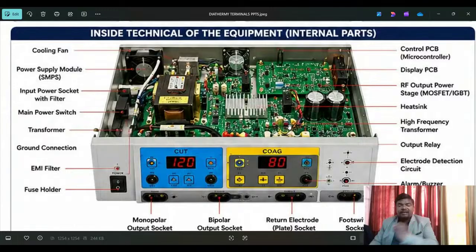Sir, as a biomedical engineer, I got the complaint from your hospital, and I checked the equipment, that is the diathermy, and in that diathermy I checked all parameters of the components and the continuity of the components, and I found the issue: high voltage and fluctuations are coming, sir. So you should resolve it and clear it, sir. Otherwise you will lose the equipment, sir. Today I repaired it, but it is not made to continue the services, sir. So please follow my instructions, sir. Then you will benefit and have many chances to use this equipment for a long time, sir.